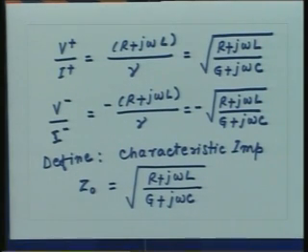Since the transmission line is a passive structure with resistance, inductance, capacitance, conductance, it makes sense that a voltage or current source sees a resistance ahead of it.